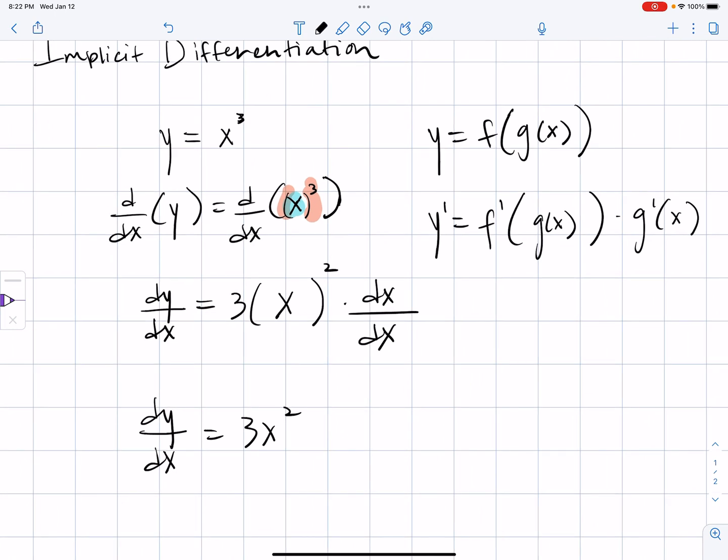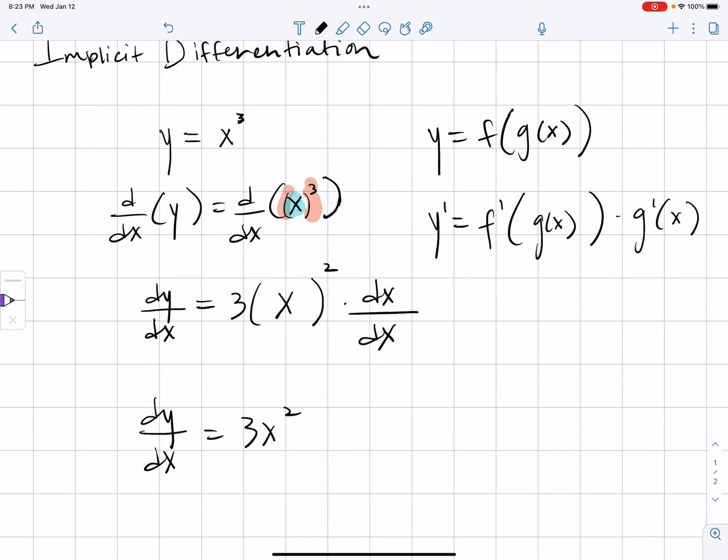It's obviously a lot easier to just think power rule for finding the derivative of a function like y equals x cubed, or any equation where you're differentiating with respect to the given independent variable, usually in our case with respect to x.